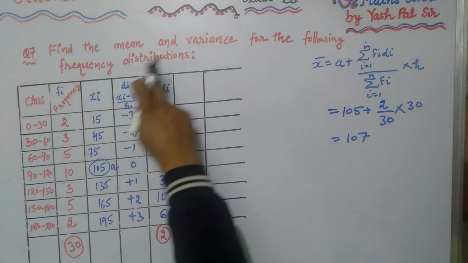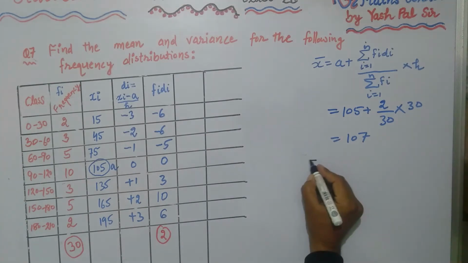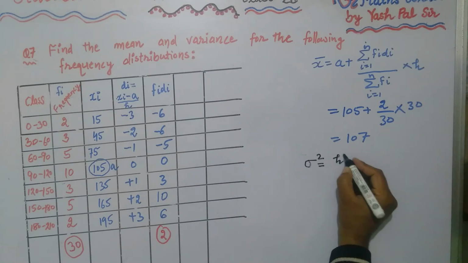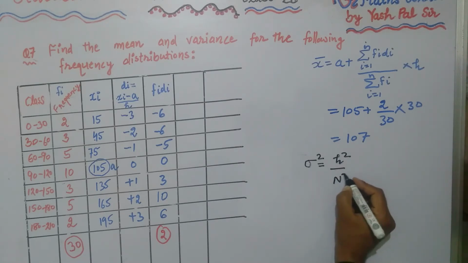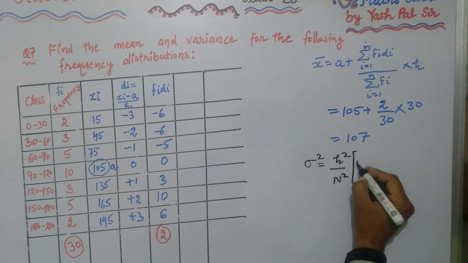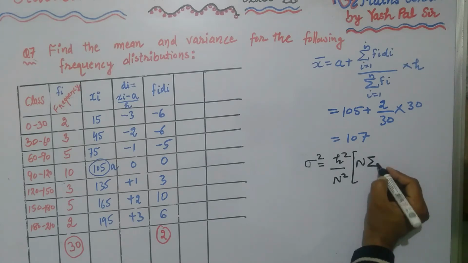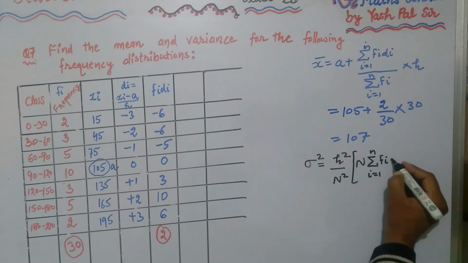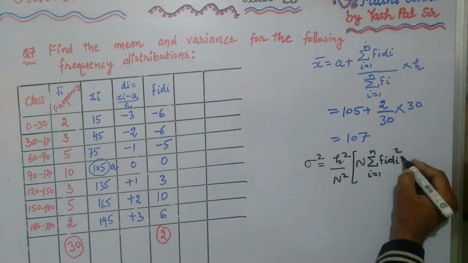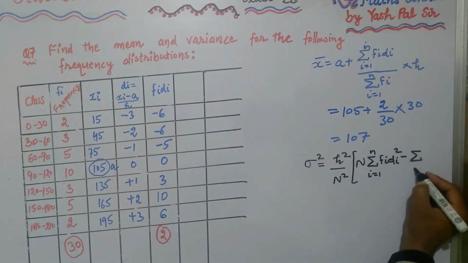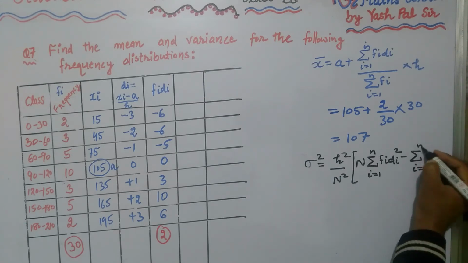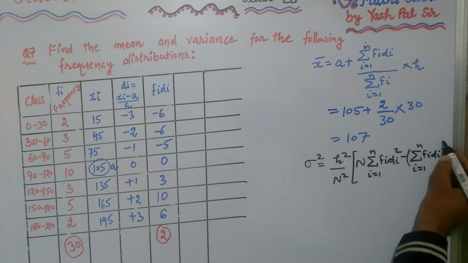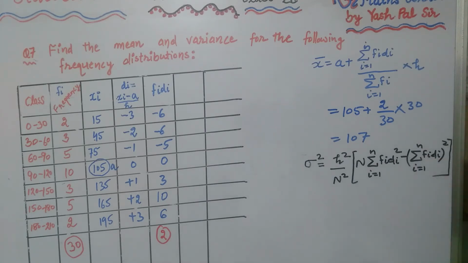Now we shall calculate the variance. First of all, writing the formula: sigma square is equal to h square divided by n square, bracket, n into summation i equals 1 to n of fi di square, minus summation i equals 1 to n of fi di, its whole square, bracket close.